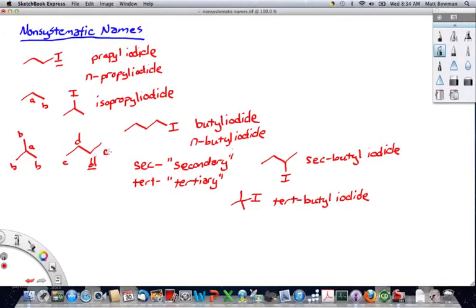So we covered carbon C, carbon D, and carbon A. The only one we haven't covered yet is carbon B. This last remaining one is the isobutyl case.